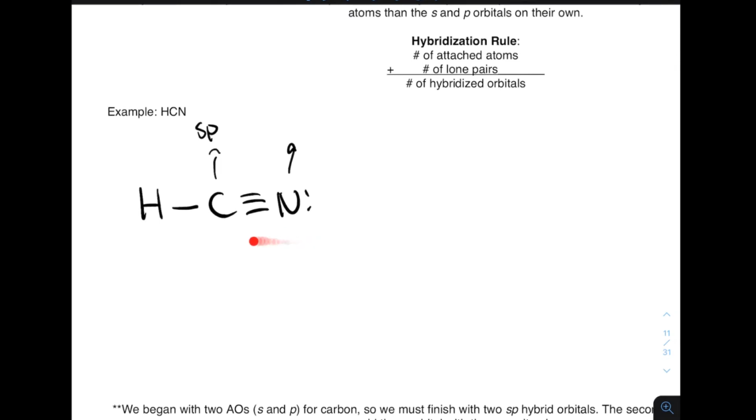So two things. So it has two hybridized orbitals, so it is sp hybridized. And of course, hydrogen here has no p orbitals, so there's no hybridization. There's no mixing going on because it just has that s orbital on its own.